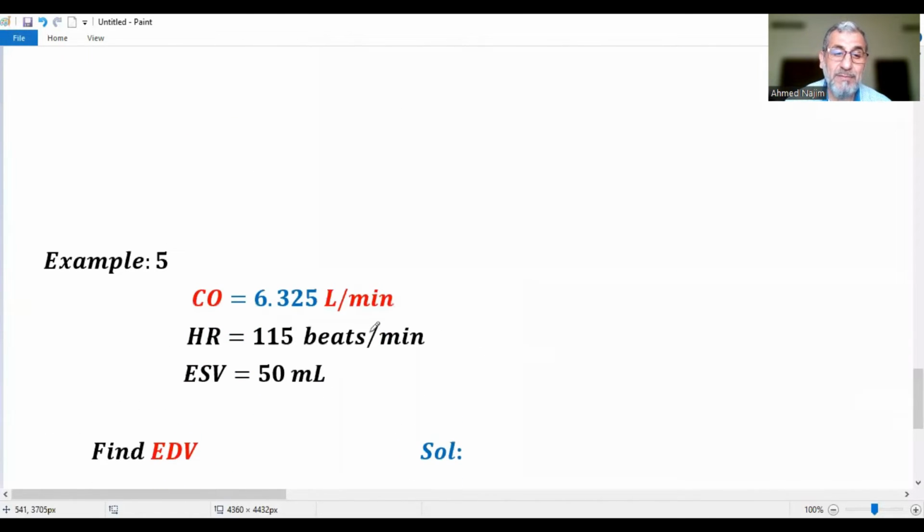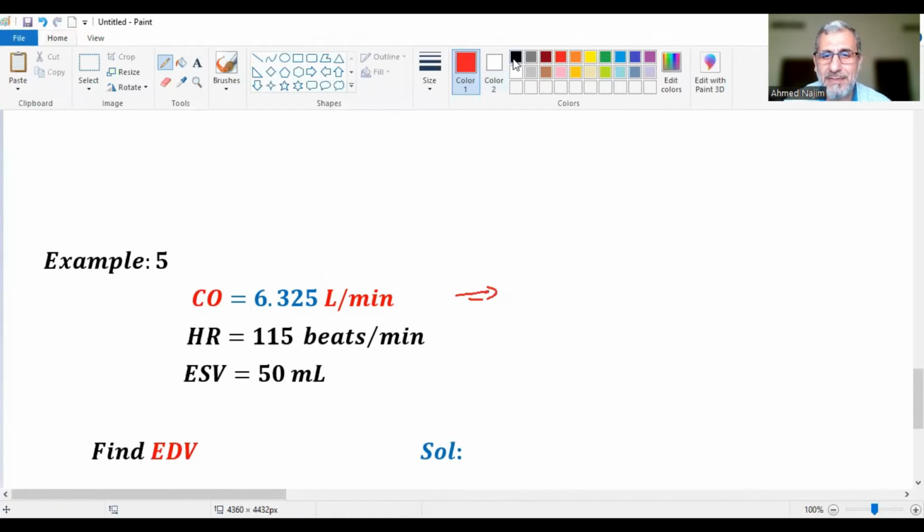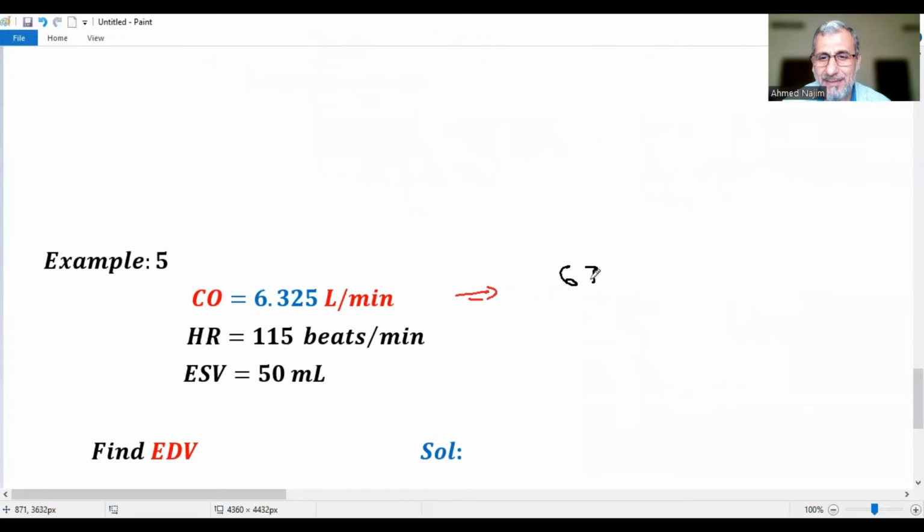Example 5. Assume the cardiac output is now 6.325 liters per minute, which means 6,325 ml per minute. Heart rate is 115 beats per minute, and end systolic volume, ESV, is 50 ml.